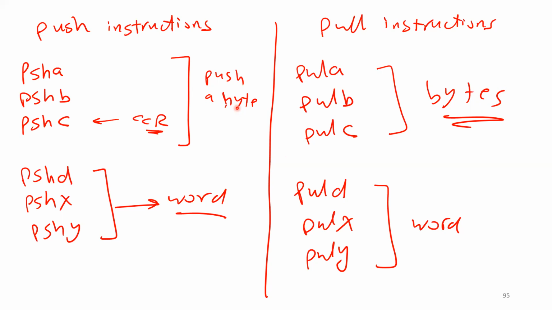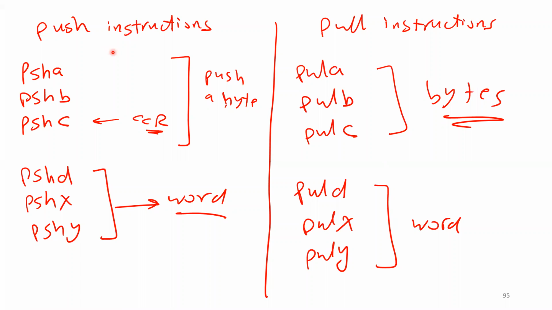I'm going to explain very soon how we use it, but at least you should understand it. You should understand the idea of last in, first out. You should understand the role of the stack pointer. You should understand push, how we pull, and so on. Any questions, guys?